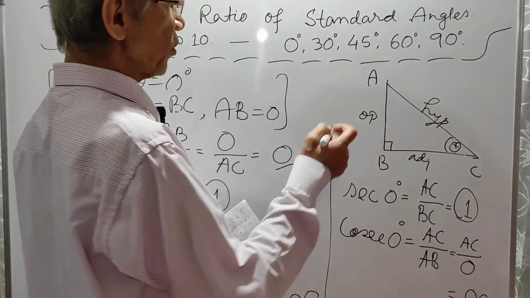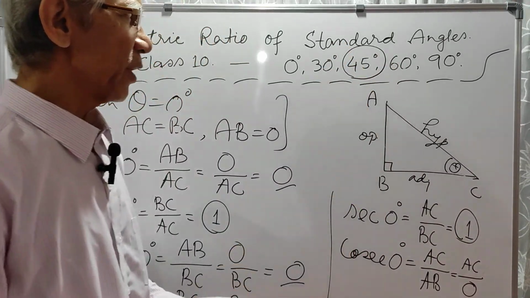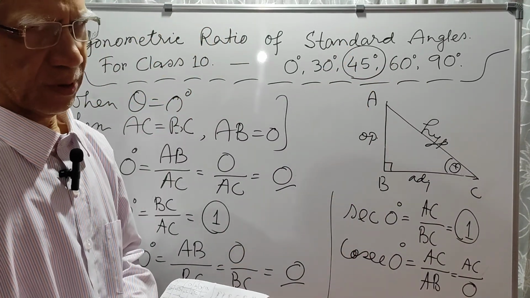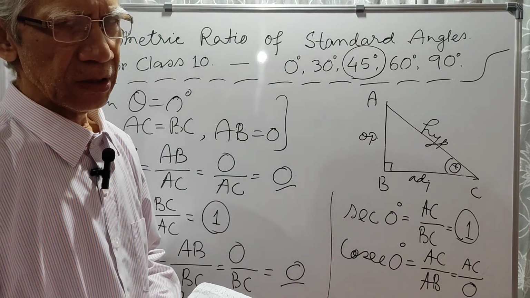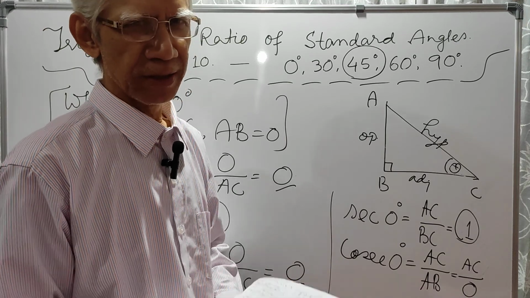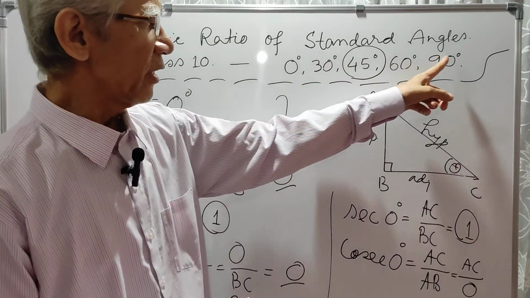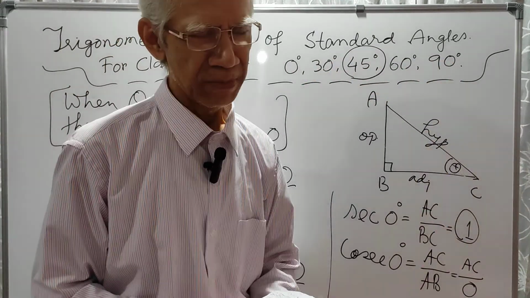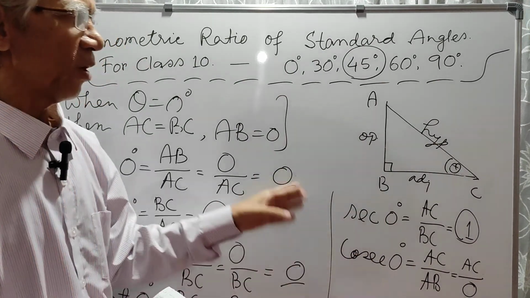Now in the exam, mostly the trigonometric ratios of 45 degree come, because this is almost the easiest. Therefore, students like it, but teachers don't like it. The 0 and 90, although not frequent in the exam, are sometimes given. Therefore, you should be prepared with all this.